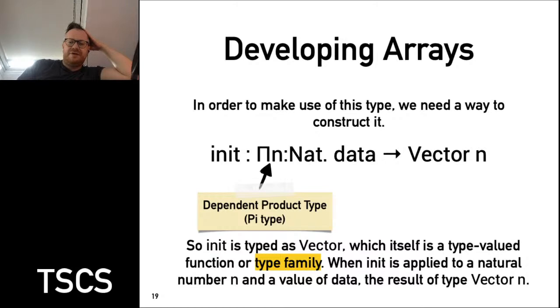So init is now applied to a natural number n, and a value of data, and the result is a type of vector n. Data is basically initial data, and n is the length of the vector we want to construct.